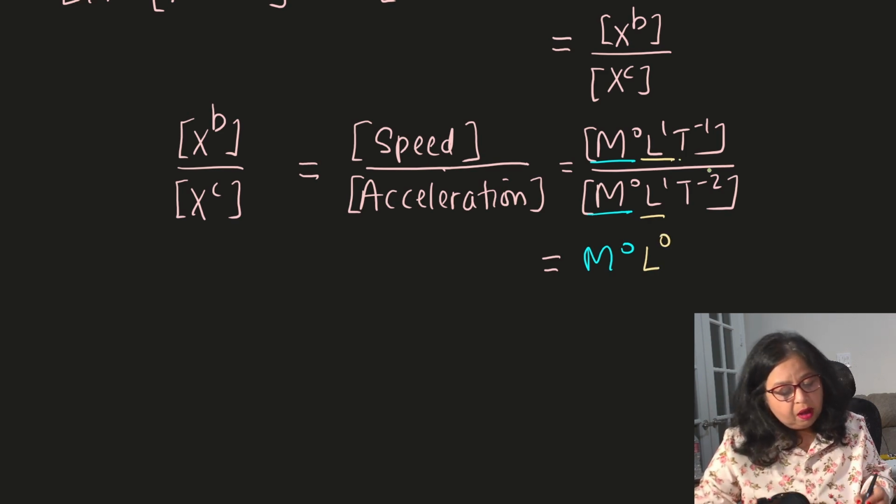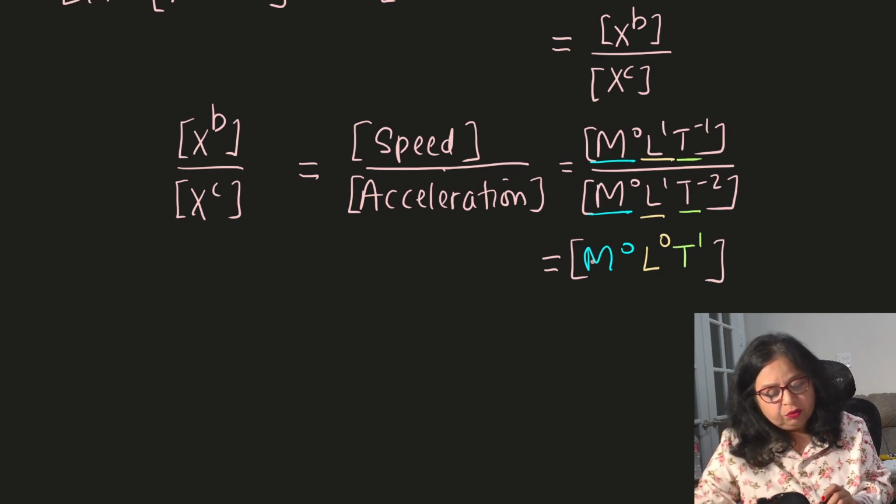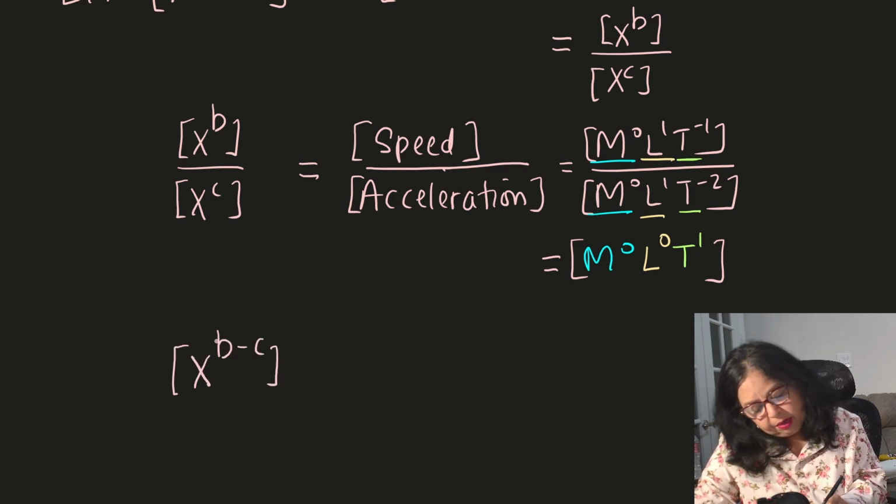T to the power minus 1 divided by T to the power minus 2 gives you T to the power 1. So we get x to the power b divided by x to the power c to be equal to M0 L0 T1. And x to the power b divided by x to the power c was actually equal to x to the power b minus c.